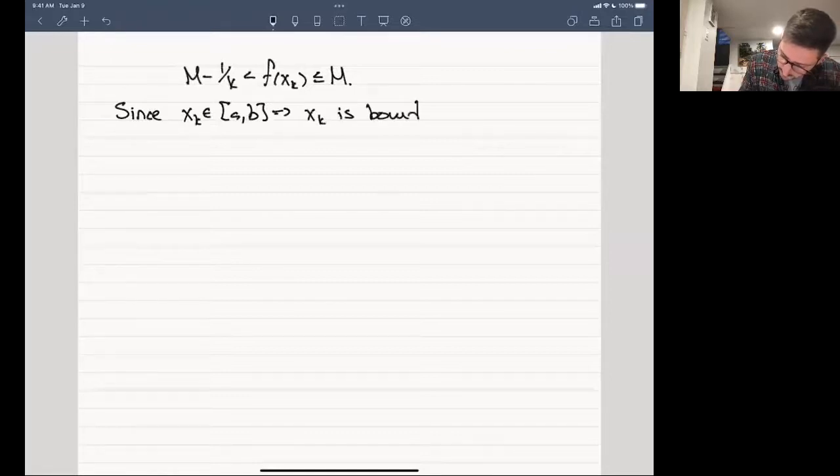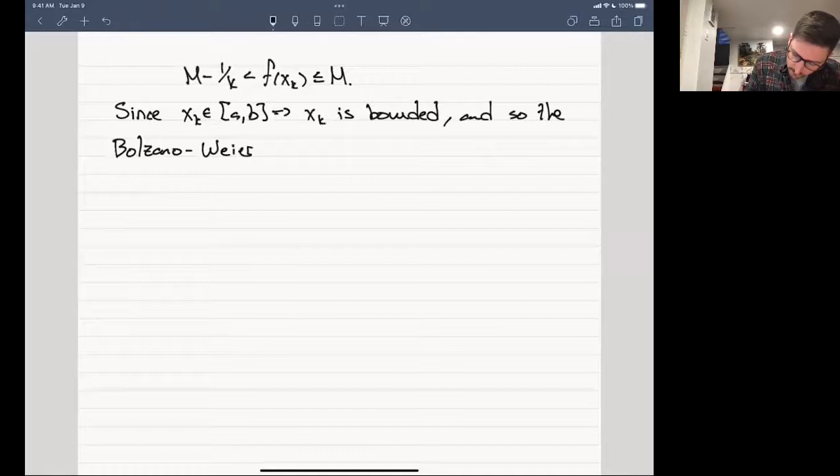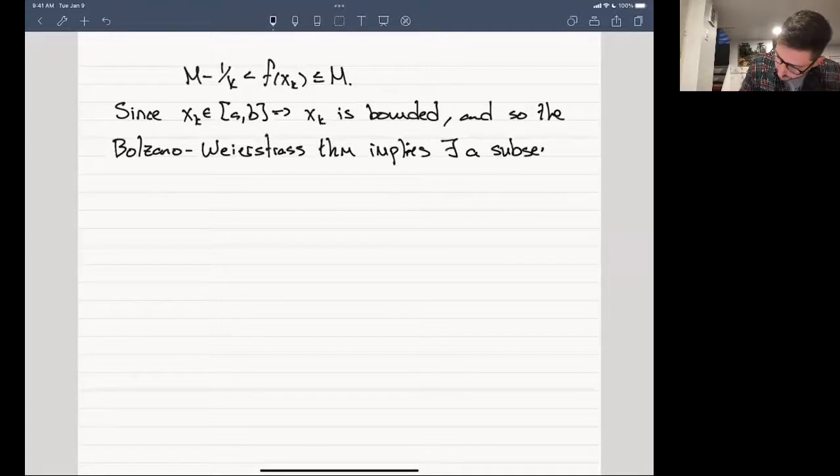It has an upper bound of B, a lower bound of A. And so the Bolzano-Weierstrass theorem, the same thing that we did for the proof of uniform continuity in the previous lecture, implies there exists a subsequence, let's call it x_{k_j}. J is the next letter in the alphabet. That's why I'm using it.